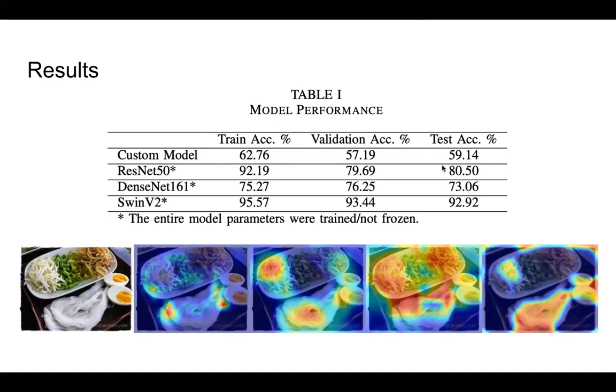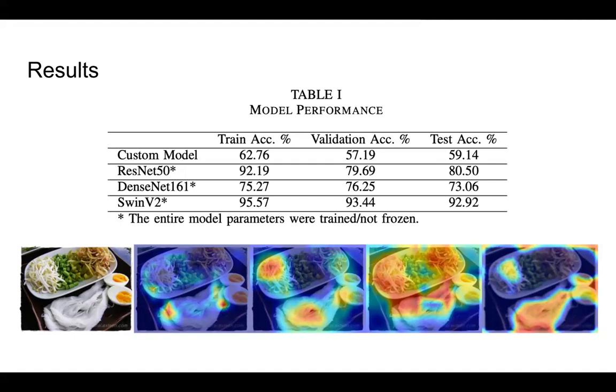For the ResNet 50 model, we achieved a better test accuracy than the DenseNet 161 model, which was 80.5%. For the DenseNet model, we achieved a test accuracy of 73%. And the Swin V2 model achieved the best performance, which was 92.92%.